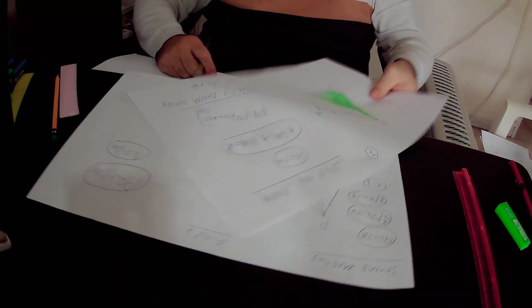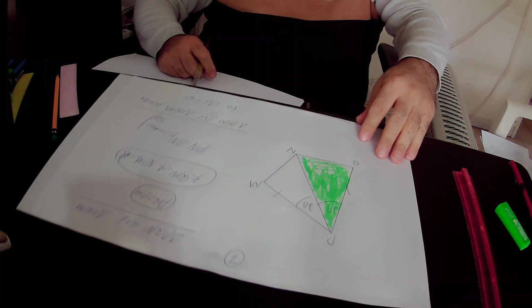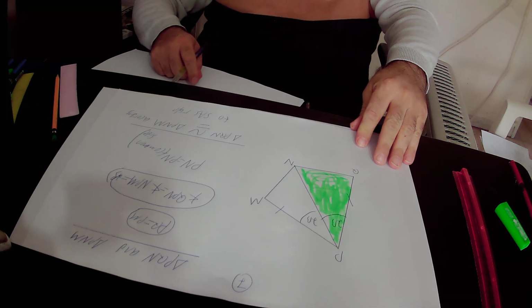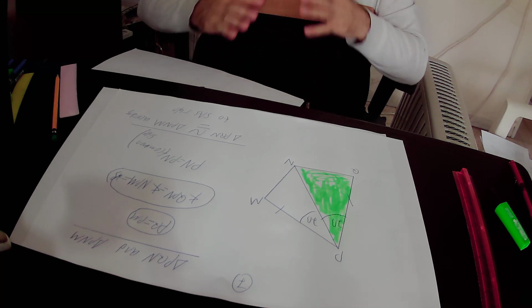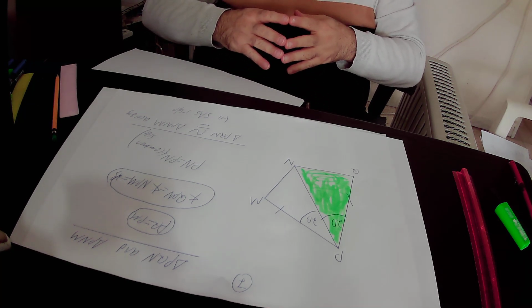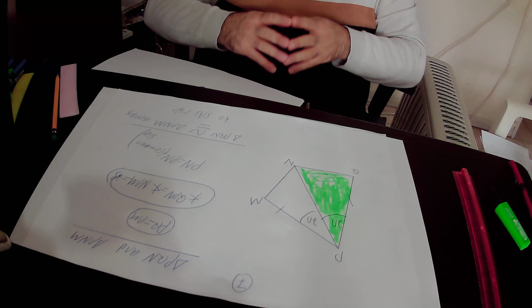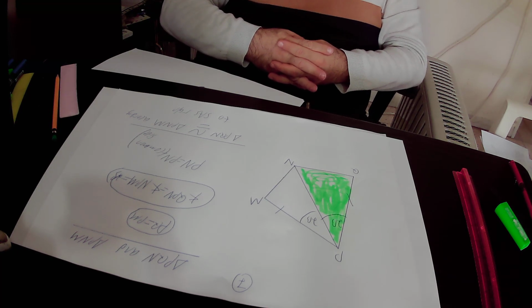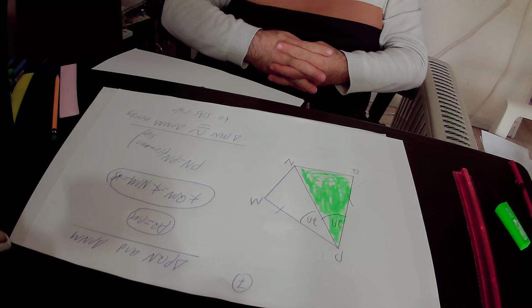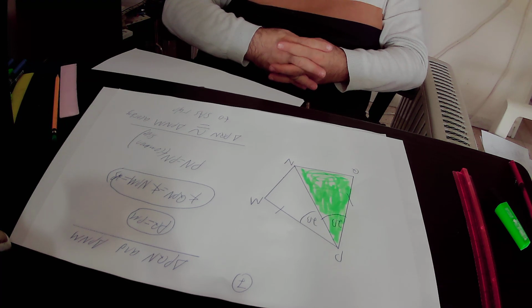So what is the side angle side rule? The side angle side rule is that if you prove that two sides and the angle between those two sides in one triangle are equal correspondingly to two sides and the angle between those two sides in another triangle, then you proved that those two triangles can go into each other according to the side angle side rule.